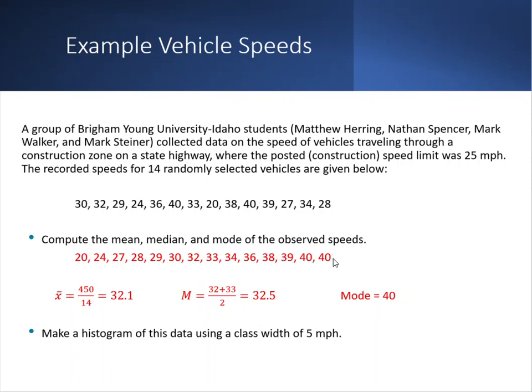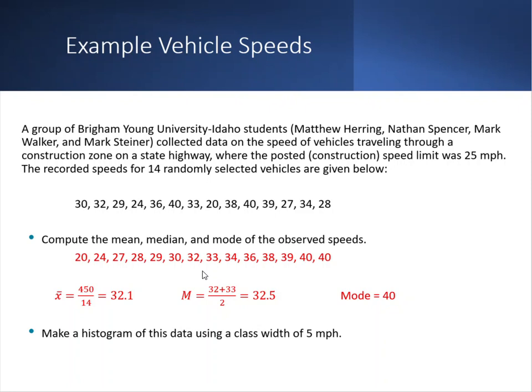If I were to fold the list in half, I would have 7 speeds on one half, 7 speeds on the other. Right in the middle of that fold, in between 32 and 33, is going to be the median. So when you have an even numbered set, we add those two numbers together, 32 plus 33, divide by 2 to find the halfway between them, and we can see that it's 32.5.